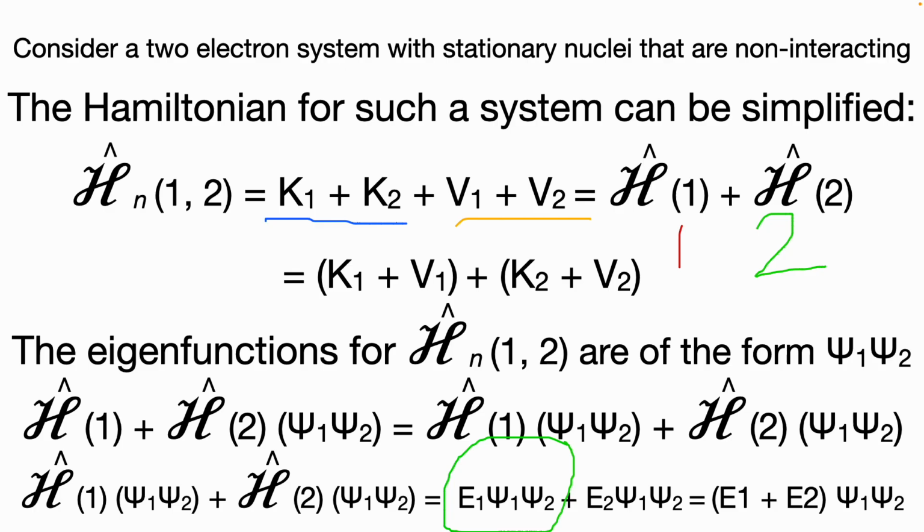Similarly, the second component Hamiltonian is only going to operate on psi2, and we get E2 times psi1 psi2. Collecting the like terms, what we get is E1 plus E2 times psi1 psi2.